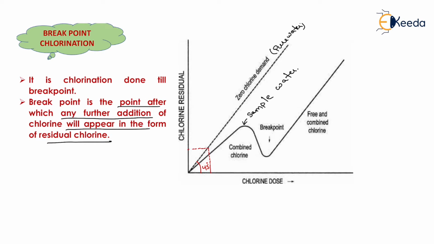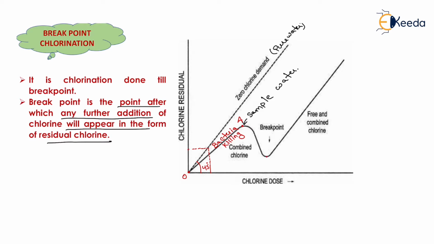Okay, now when we apply the chlorine in our sample water, what will happen? At the initial phase, from O to A, bacteria killing or microorganism killing will be done. It means that during the O to A process, bacteria killing will be done slowly and slowly. Now, after bacteria killing, what will happen?